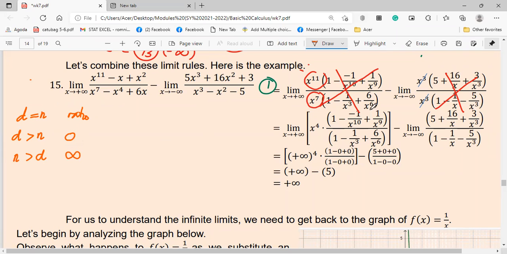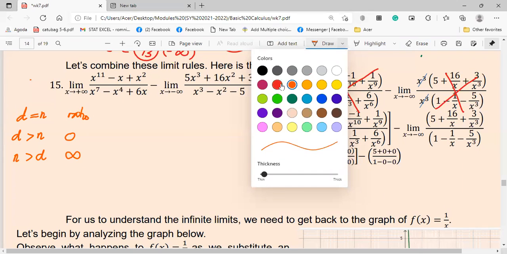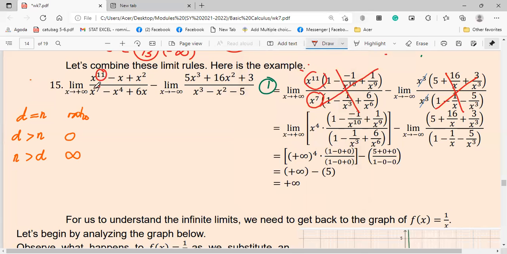So class, to skip this long process that you see na nagpakahirap ako, pwede siyang palitin na lang. Ang proseso, tinitingnan natin by inspection, makikita natin that 11 and 7, it falls under the third case. So, ibig sabihin infinity yan.